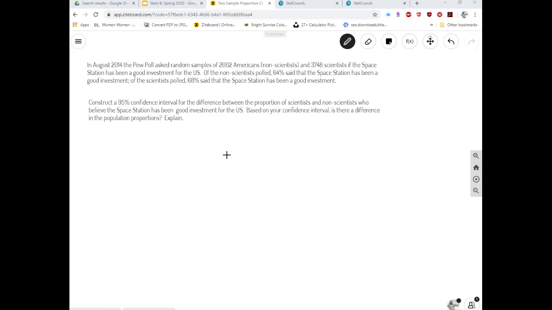Of the scientists polled, 68% said that it had been. Construct a 95% confidence interval for the difference between the population proportion of scientists and non-scientists who believe the space station had been a good investment for the U.S. Based on your confidence interval, is there a difference between the population proportions?